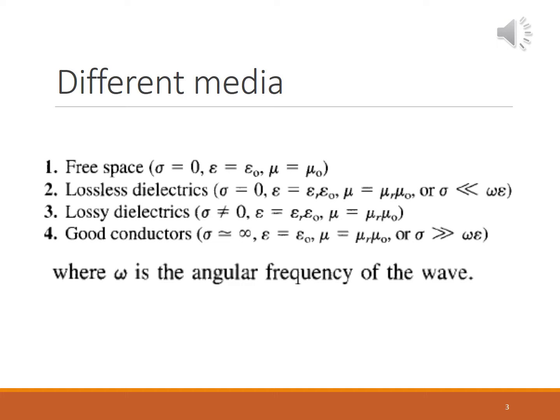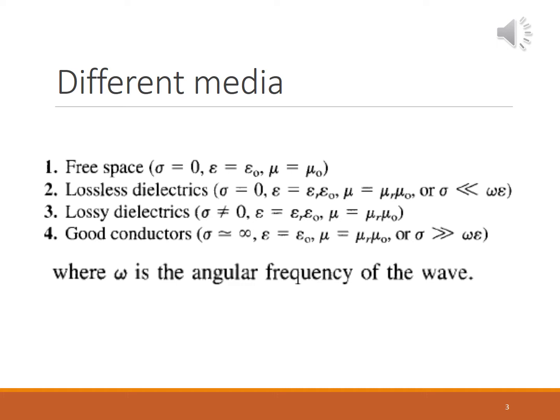Another name for a lossy dielectric is an imperfect dielectric or an imperfect conductor, because it is not fully conducting and it is not fully insulating. It lies somewhere in between. Such materials are referred to as lossy dielectrics. So it is a partially conducting medium with sigma not equal to 0, epsilon equal to epsilon r epsilon naught, and mu equal to mu r mu naught.